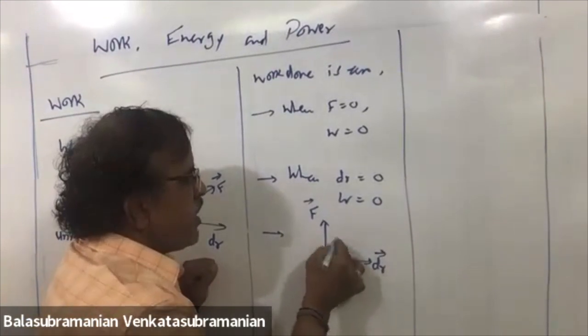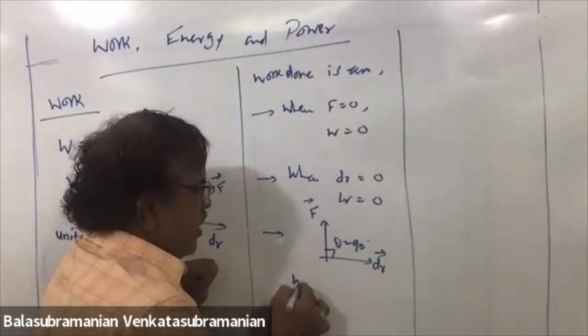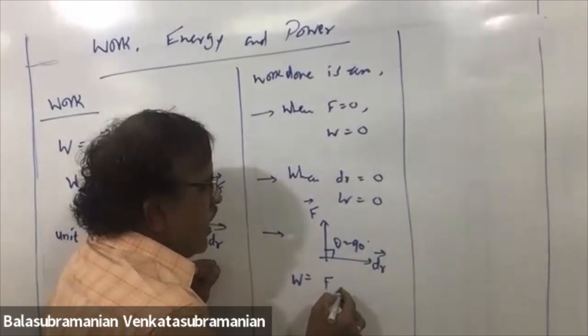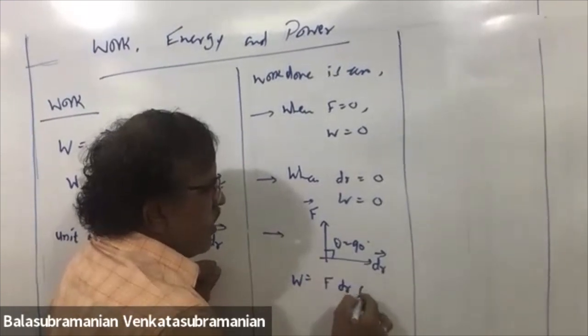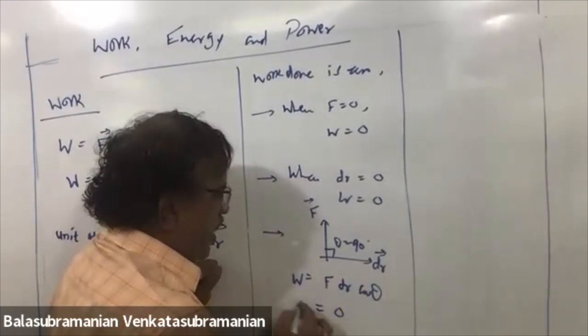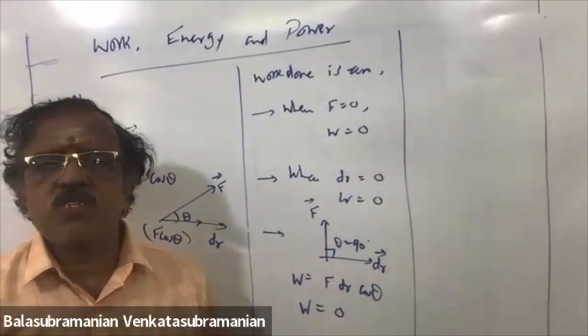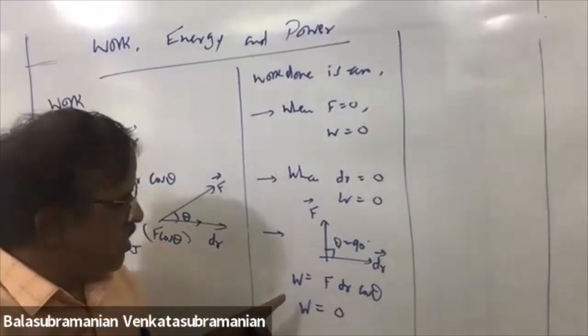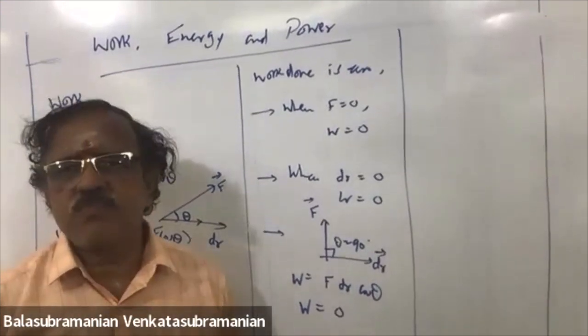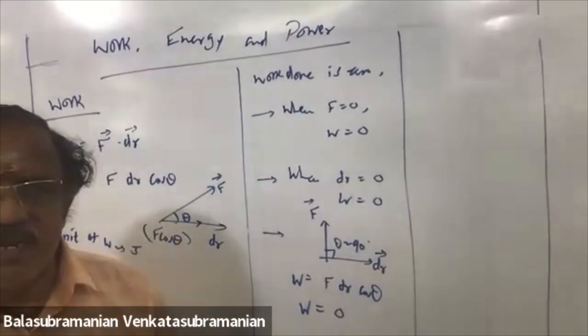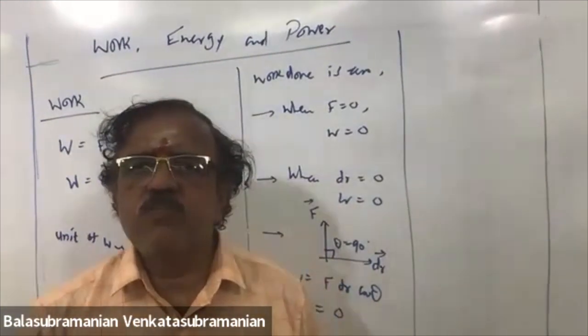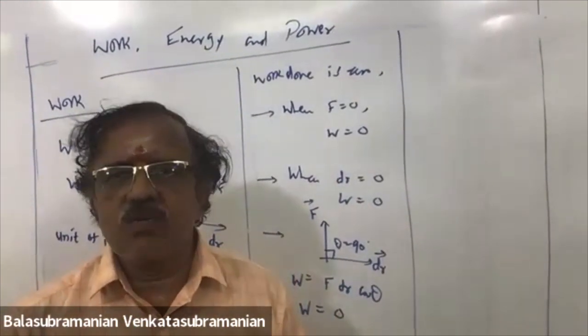Force and displacement, theta is 90. W is equal to F dr cos theta. Here theta is 90, cos 90 is 0. So I can say work done is 0.